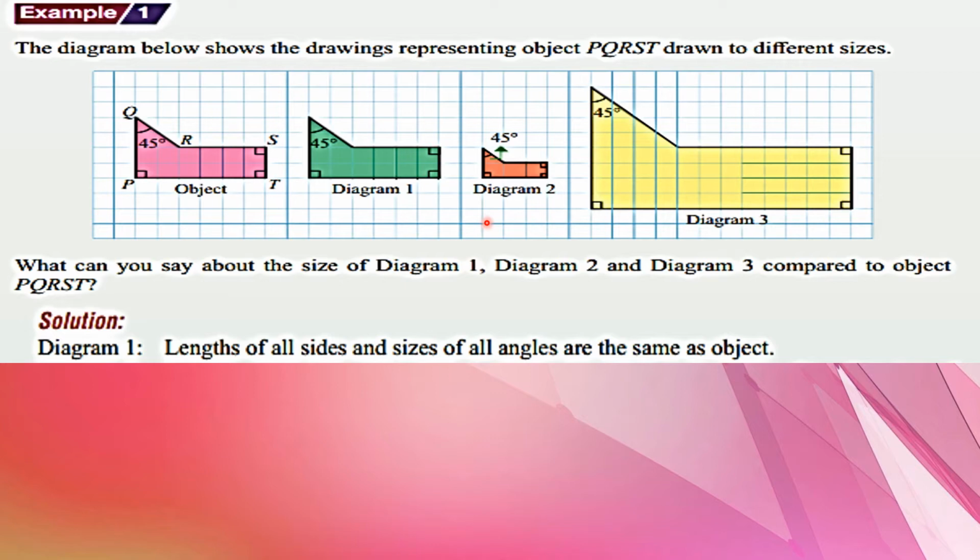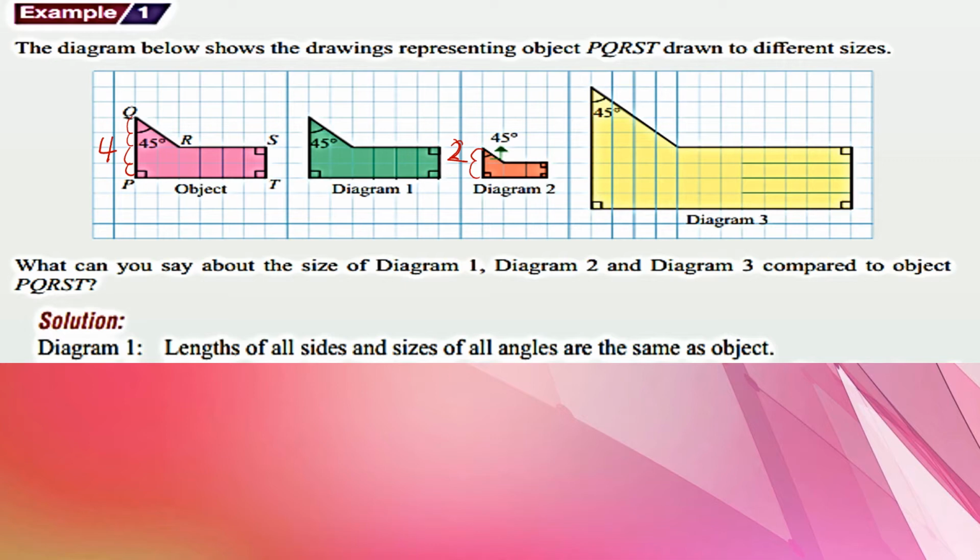Okay, for diagram 2, as you can see, diagram 2 is smaller than the object. Let's look at the length of side PQ. PQ here, 1, 2, 3, 4, 4 boxes, right? It contains 4 boxes, while the PQ in diagram 2 contains 2 boxes. Take another side, for example PT.